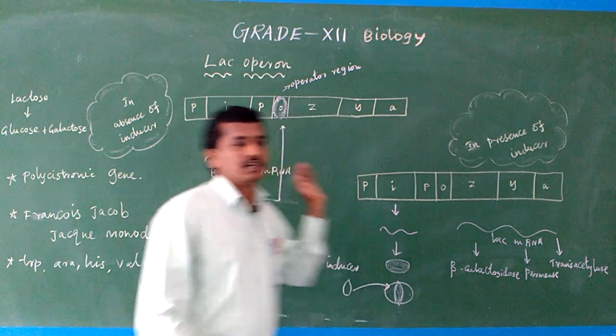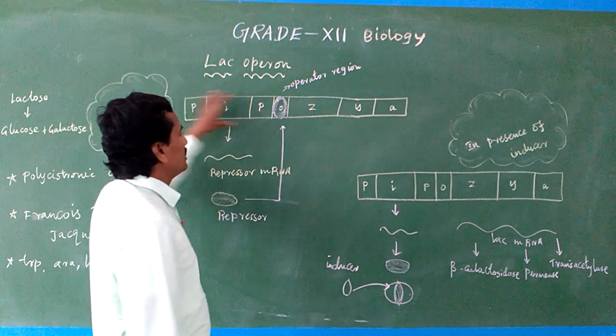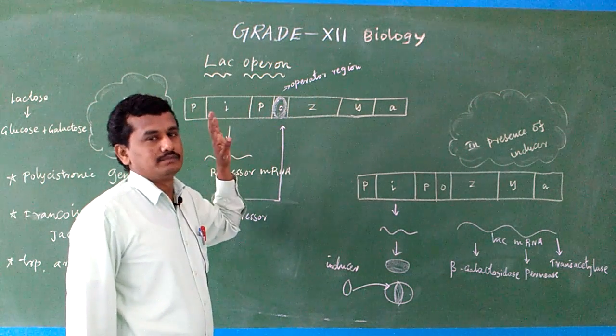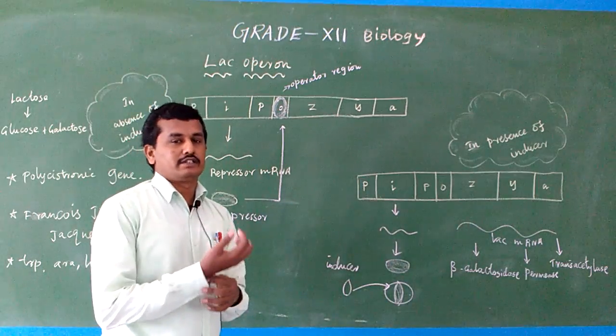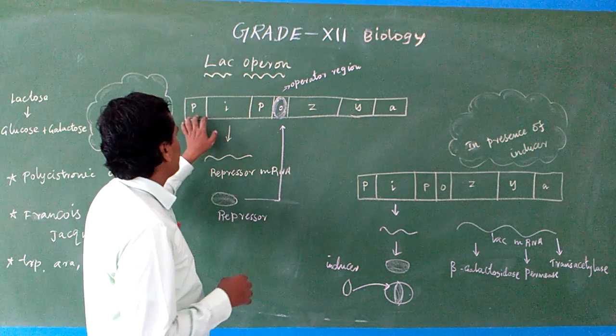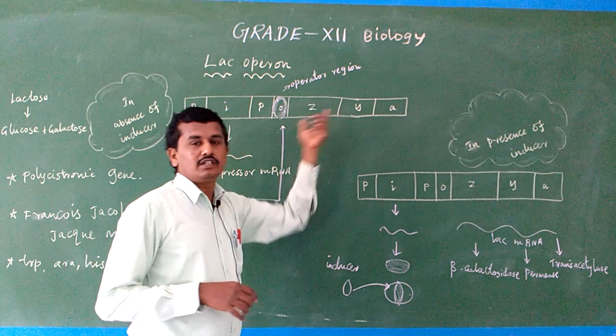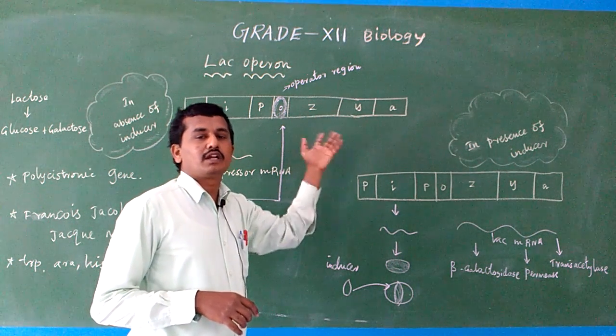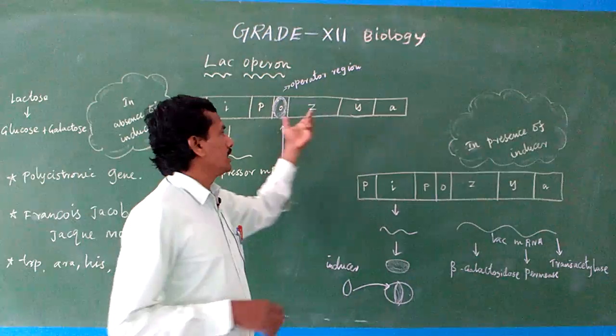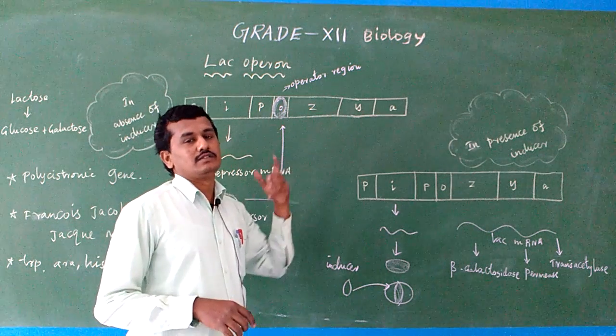The genes are P, I, P, Z, Y genes. So what does gene mean? The segment of DNA. This is DNA, this segment is the gene.